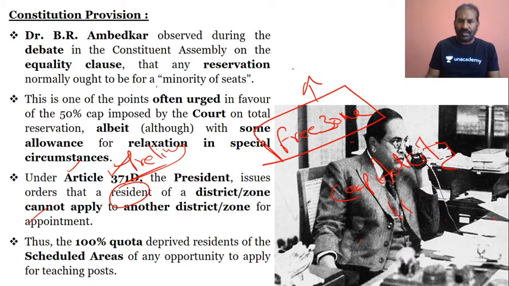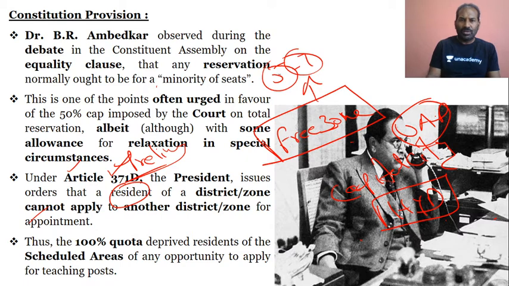When it was United AP, you had 5 to 7 zones. So all the students who are aspiring to apply in Hyderabad can apply.